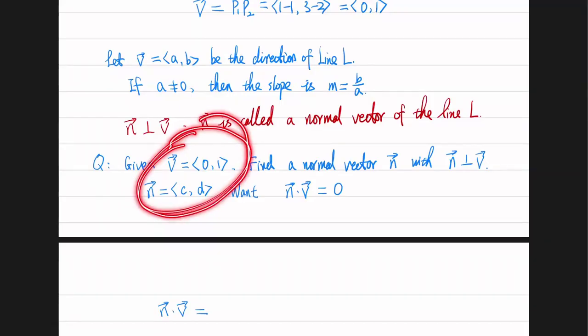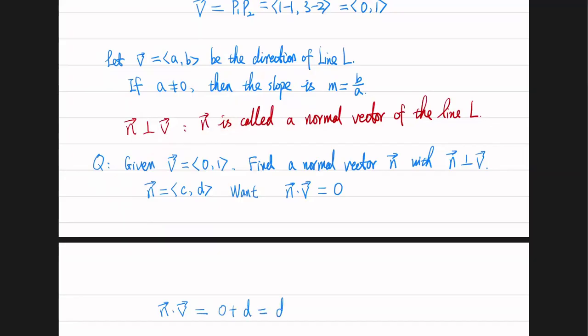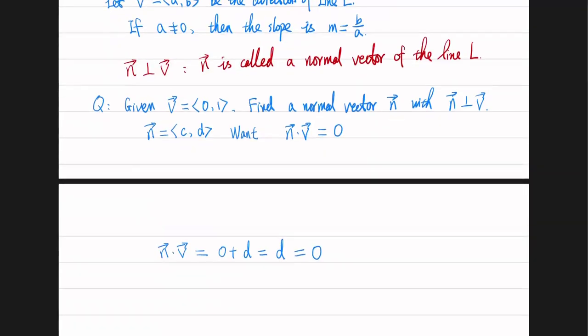That's just d. But we want this to be 0. What can we say about d? It's equal to 0. d must be 0, no matter what c is.